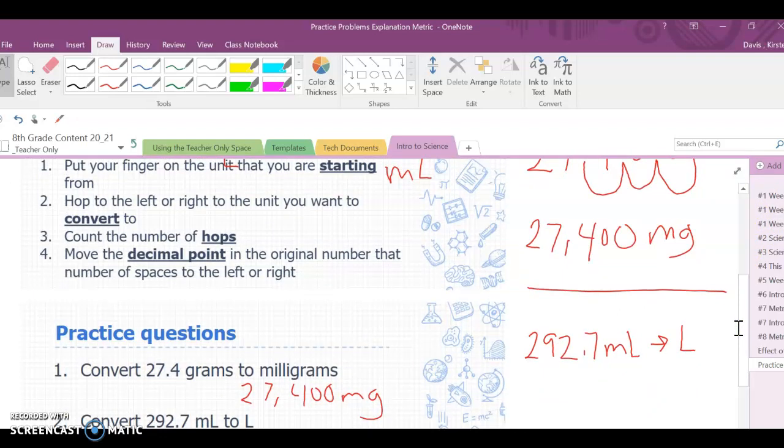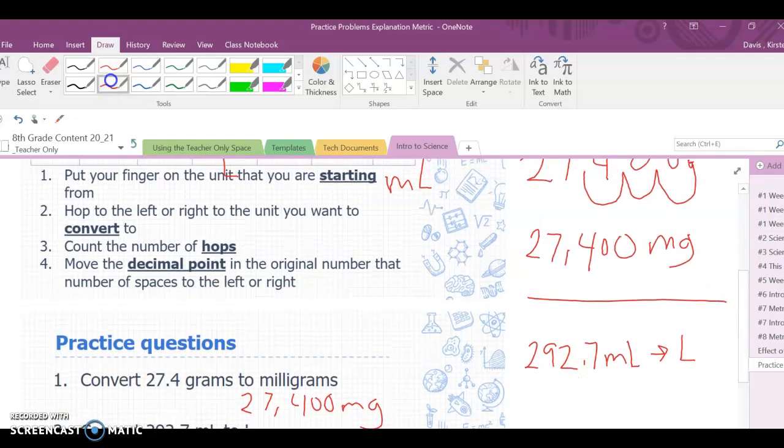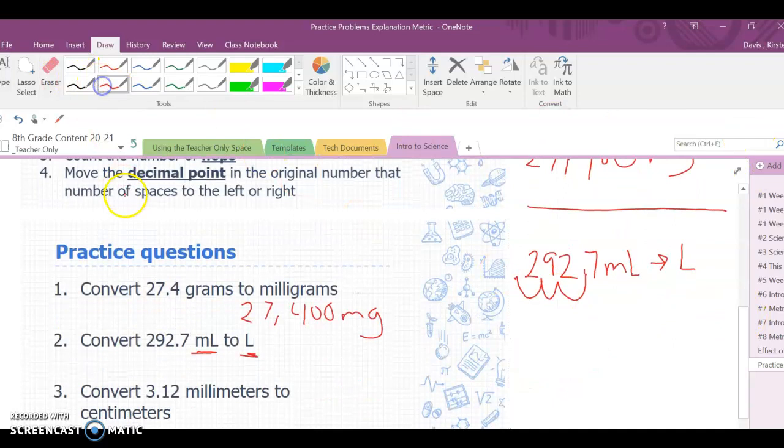That means I'll take this decimal point and I'll move 1, 2, 3. This means that my decimal is now out front. I could rewrite this value, and my pen's not cooperating.